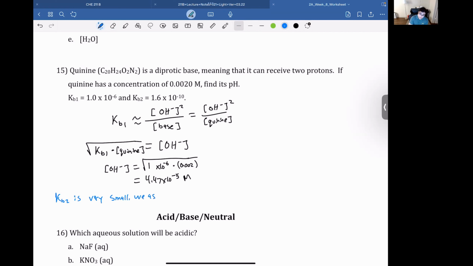So we assume the second protonation of quinine negligibly affects pH to greatly simplify this.